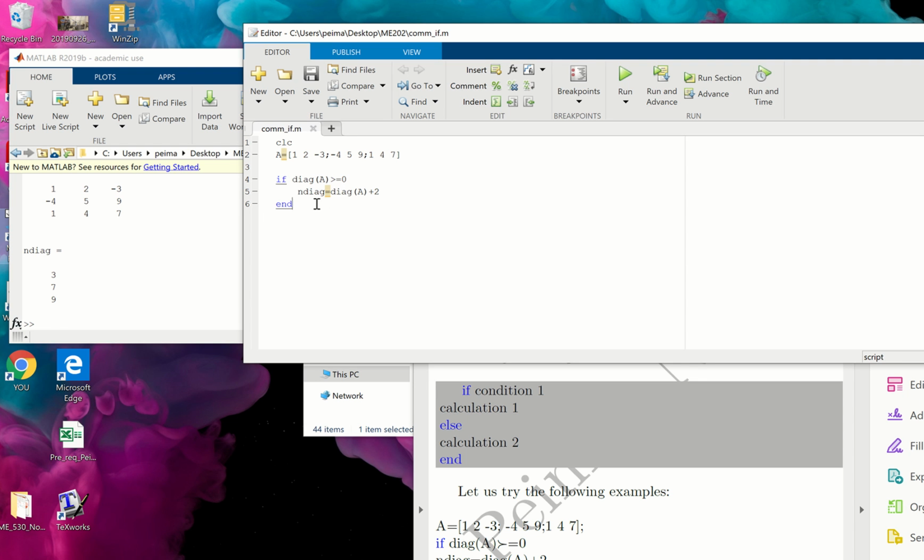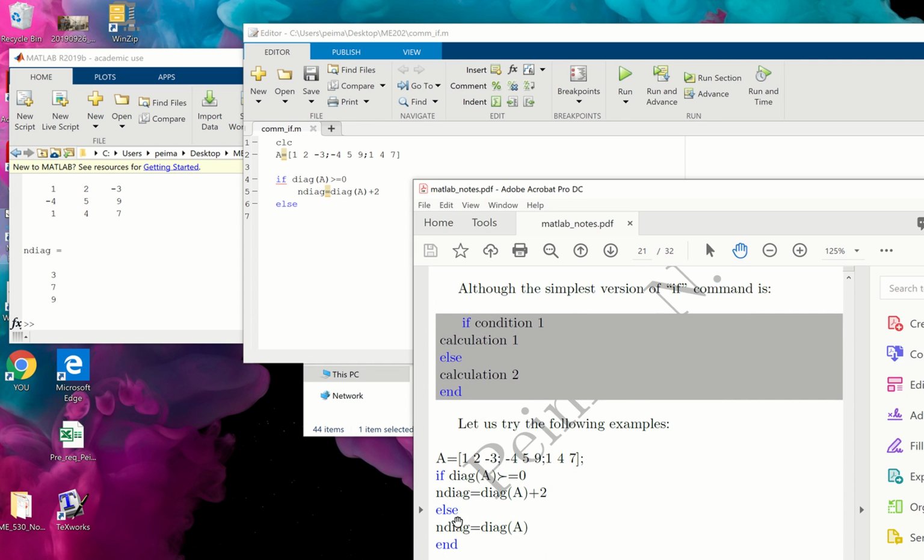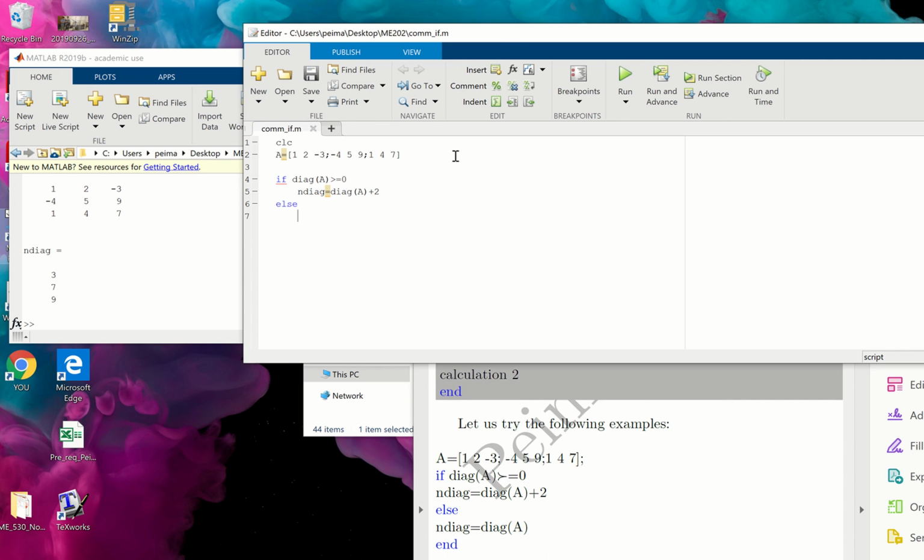We got it? But now I'm gonna put the else command. Else means that if the diagonal elements of A are smaller than 0, automatically, if that's the case, get here, guys. If that's the case, else, new diagonal is equal to diagonal of A. End.